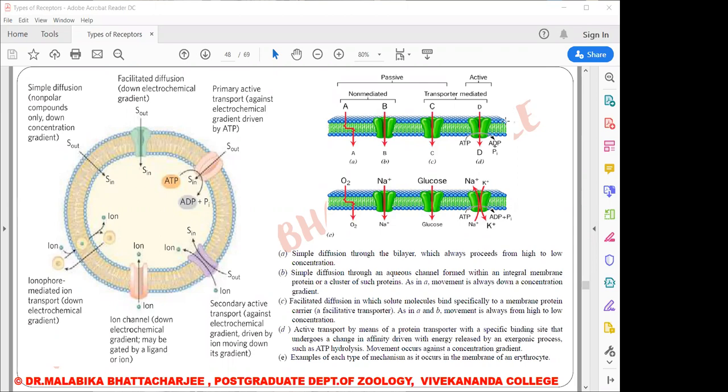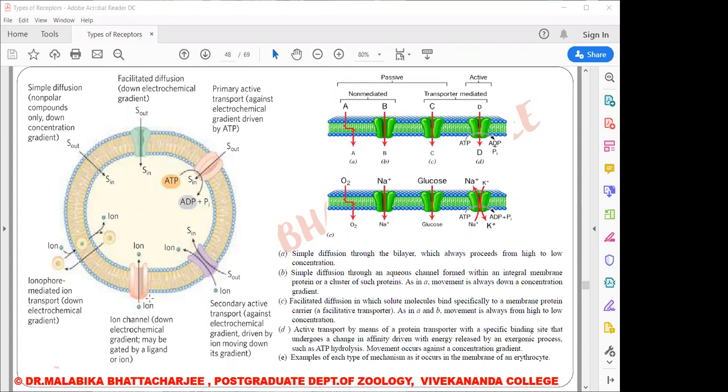But apart from that, I'd like to highlight two more channels just to give you an idea. Plasma membranes also have a frequent amount of ion channels. Ion channels help the movement of ions, usually down the electrochemical gradient.